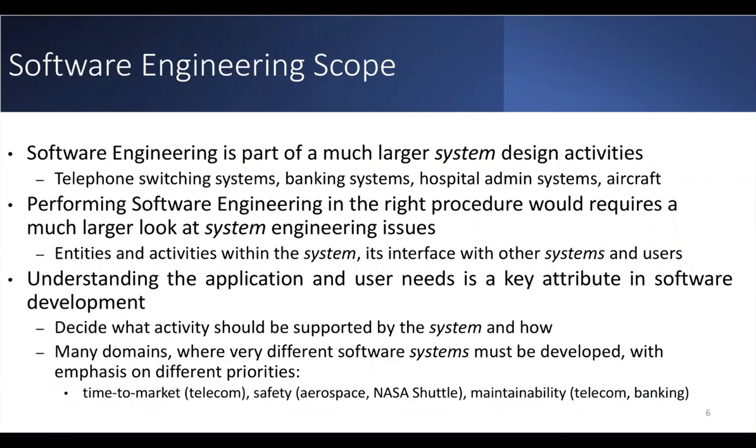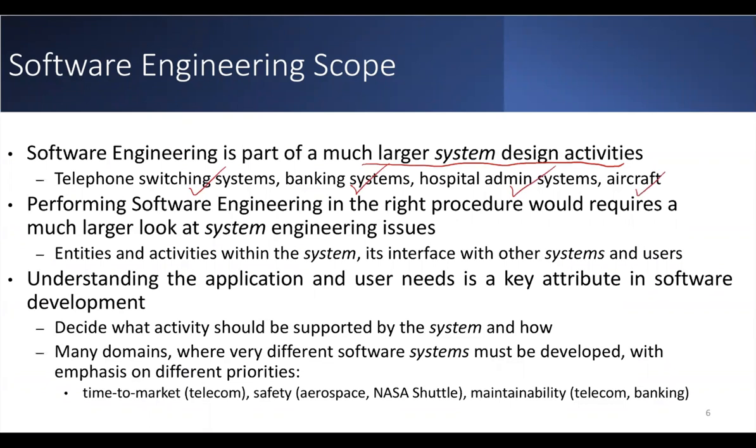Software engineering is part of a much larger system that would include a lot of design activities. Examples of systems where software engineering is a big component include telephone switching systems, banking systems, hospital administration systems, and of course, aircraft.